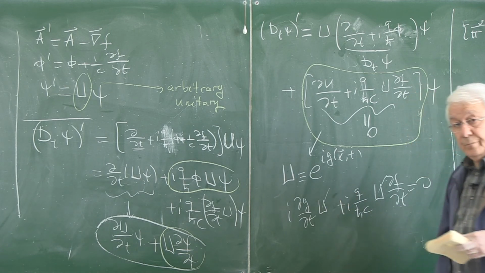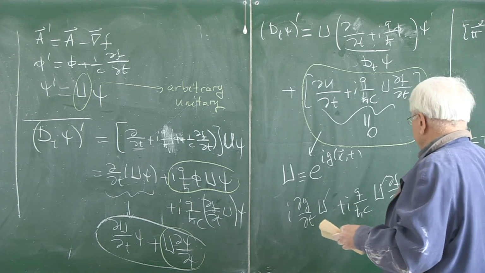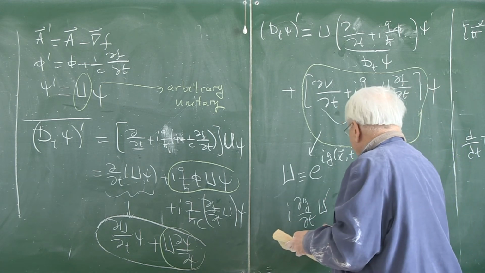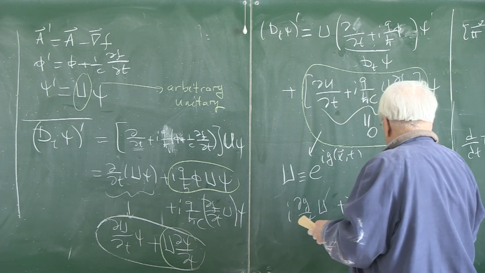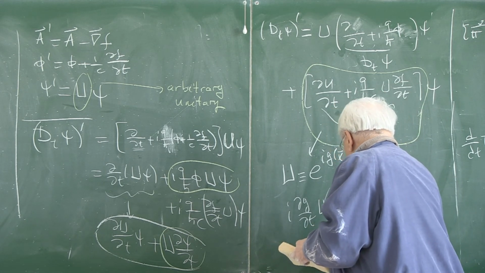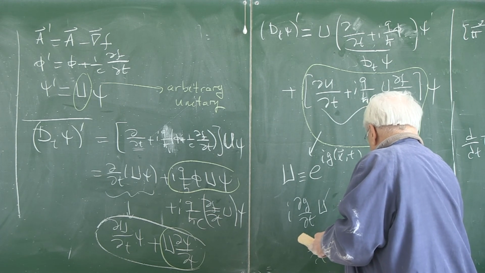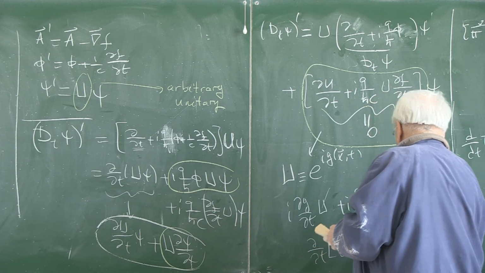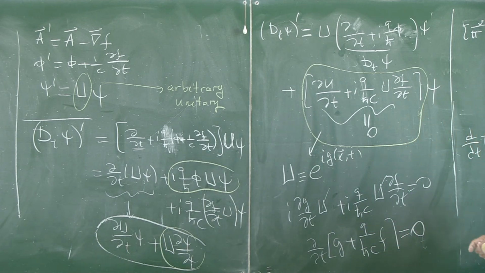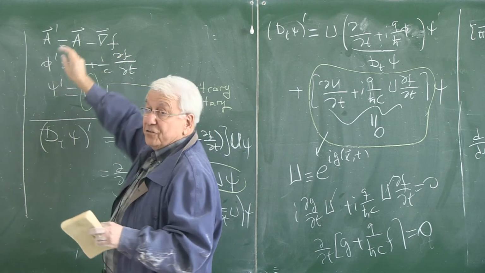Factor the u's, and what is left over? What is left over is, i's also go away, dg dt and df dt. So d by dt of g plus q over h bar c f is equal to 0. Isn't that nice? I have been able to determine the g, which is parameterizing the u, in terms of the f which was originally there in the gauge transformation.